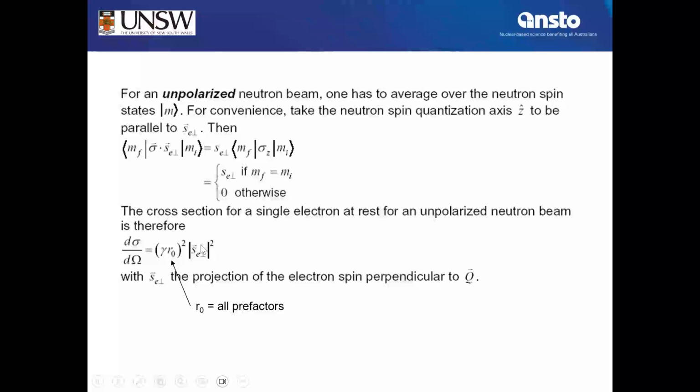If we summarize all that, we end up with a relatively simple expression. All prefactors combined, and here the perpendicular component to the spin. That's for the free ion. Now we can put it into a single crystal, and we have to add the crystallographic form factor on top.